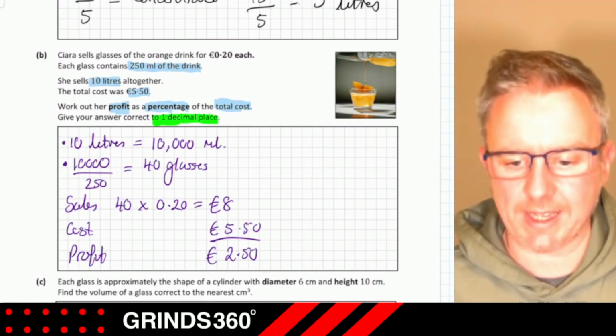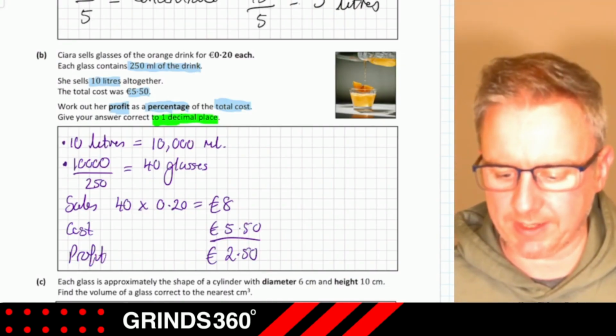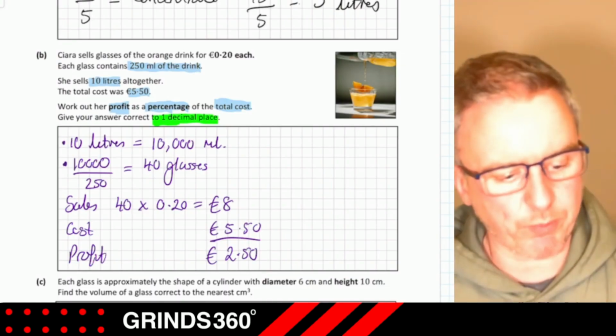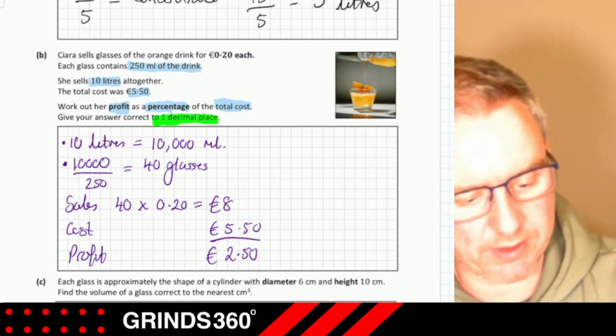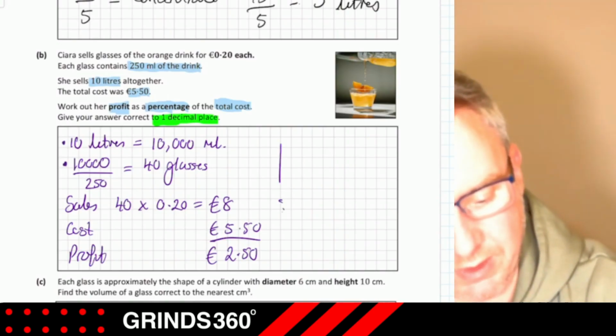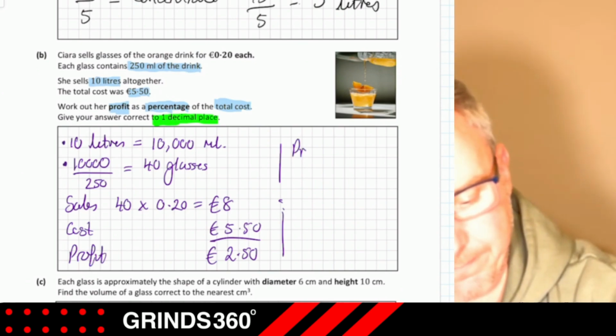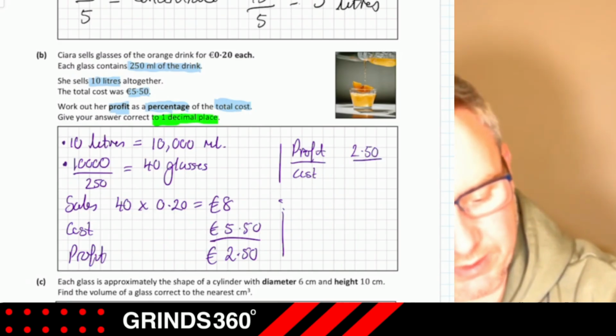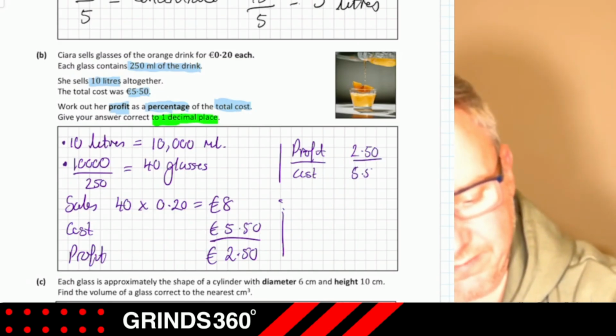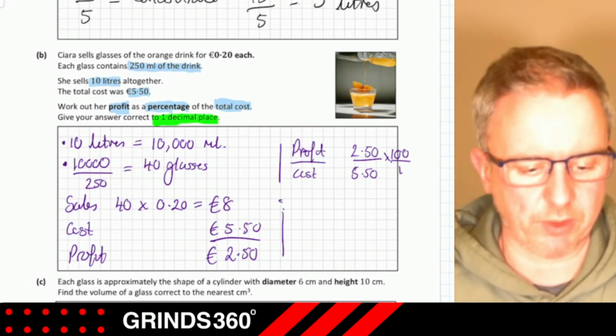But don't forget to answer what you've actually been asked in this question. So it wants your profit as a percentage of the total cost. So your last little step on that. So you're going to go profit over cost. So your €2.50 divided by the 5.50, and it's multiplied by 100/1 to convert it into your percentage.